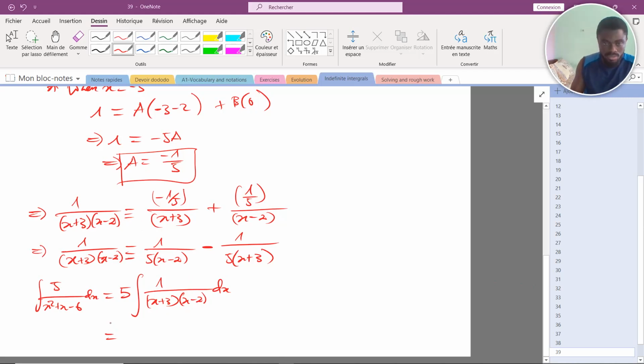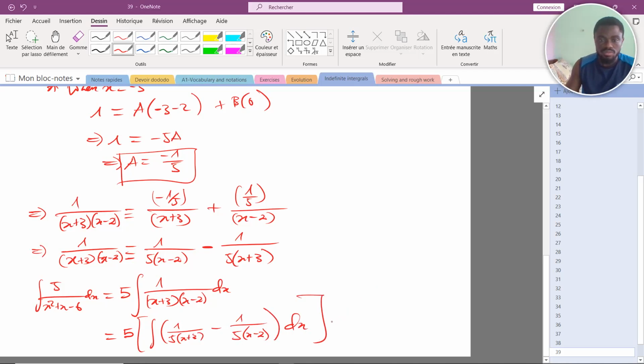So this will be 5 into the integral of all this, that is 1 on 5 into x minus 2 minus 1 on 5 into x plus 3, all of this dx.